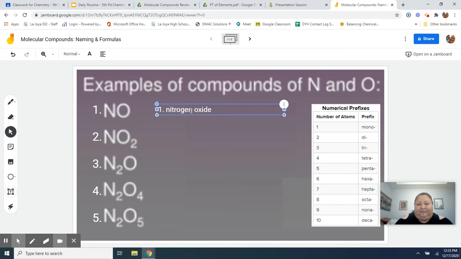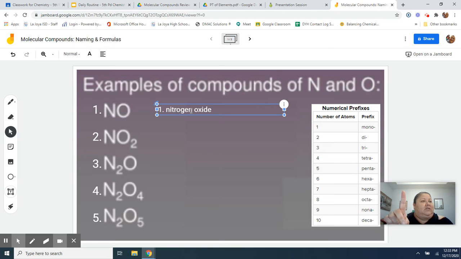Thanks, Oscar. But now I need to include prefixes for my subscripts. What are the prefixes that you don't see for the elements N and O? What are my subscripts, guys? What is the number that's behind N and O? What is the imaginary number that we always know is there, but we never see?